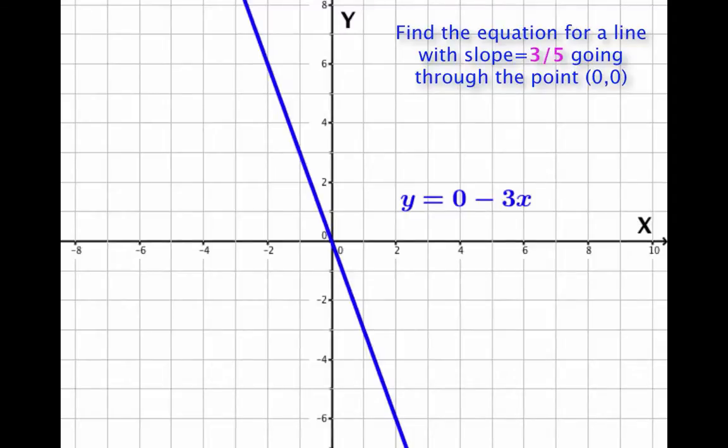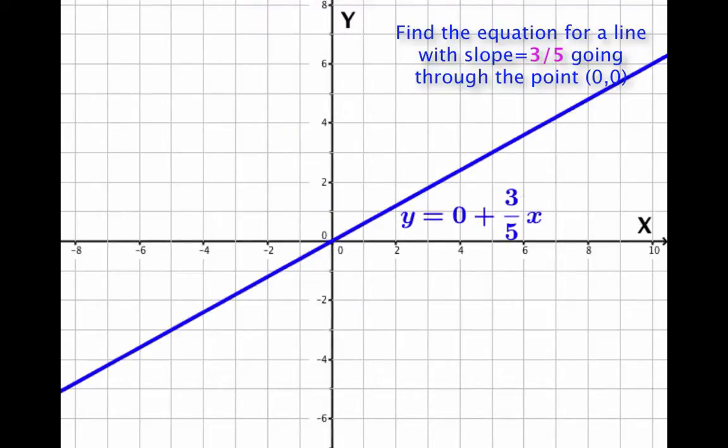Well, I think the equation in that case would be y equals 0 plus 3/5 x, or just y equals 3/5 x. And last but not least, what if we wanted the slope to be 7/4, still containing the point (0, 0)? 0 is still going to be the y-intercept, the slope is 7/4, so I think our equation would be y equals 0 plus 7/4 x, or of course, just y equals 7/4 x.